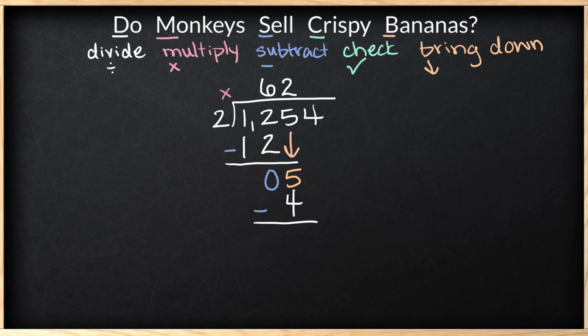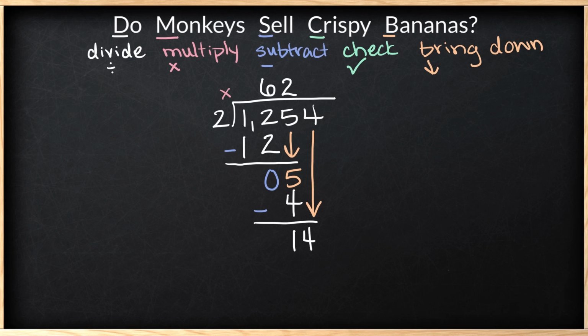And I know that the answer is 1. Let's check our work. Can 2 go into 1? No, it cannot. So then we need to go to our last step, which is bring down. I'm going to bring down my last digit from the ones place, which is a 4.